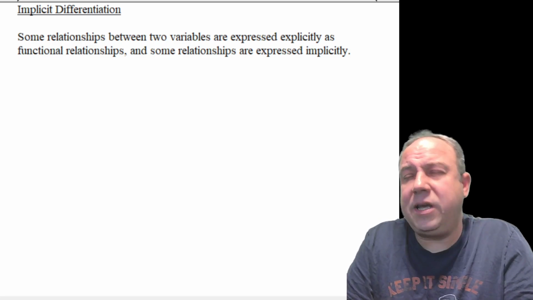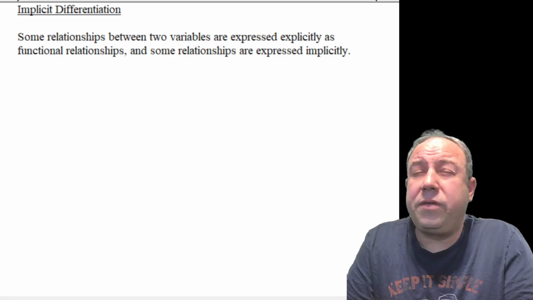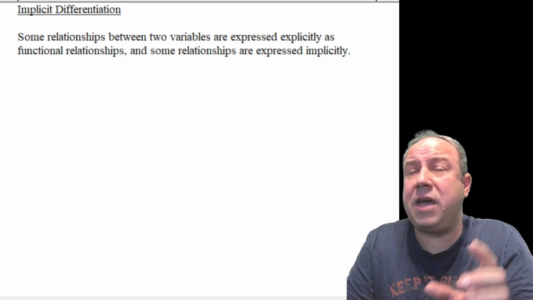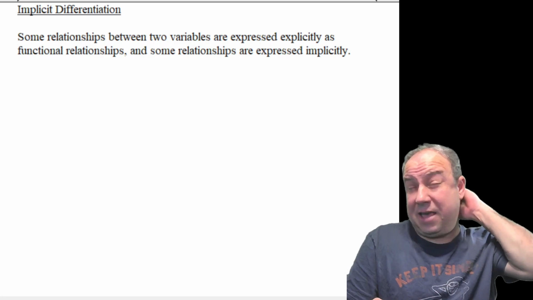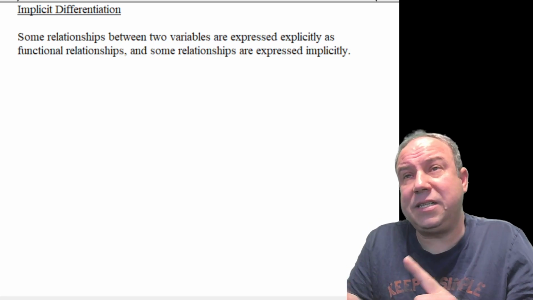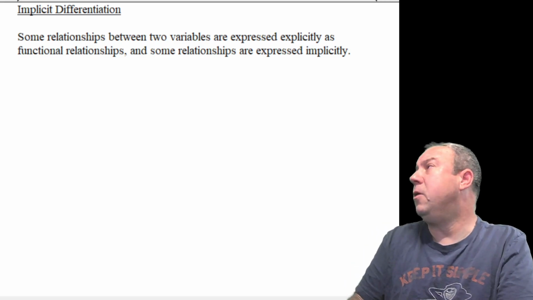And there are some relationships also, though, that happen in algebra between two variables where things cannot be expressed explicitly in a functional relationship, and what we have is more of an expression that is implicit, right? It is an implicit relationship between our two variables.